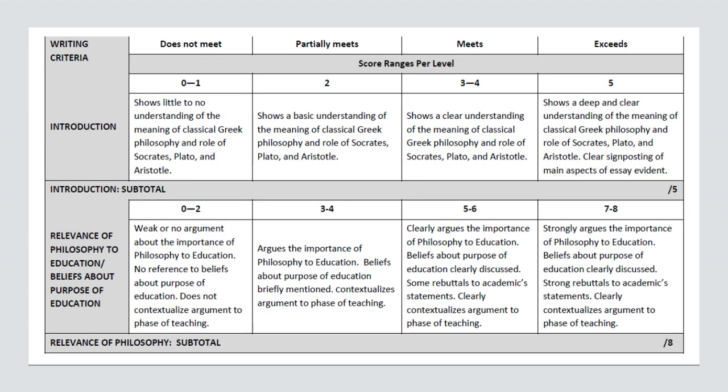What is an example of contextualizing it to the phase exactly? Okay, so if you are saying to me that it is relevant for teachers to understand how critical thinking works, so that when they teach a module or a subject such as life orientation, they can encourage their students to do whatever.